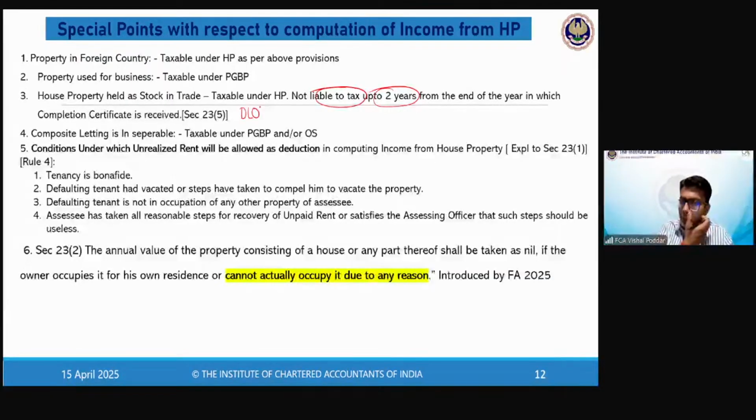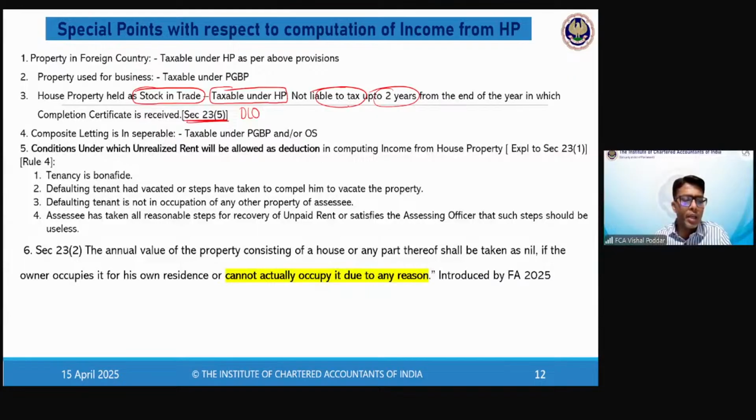So what is this case? You are a builder. Now, as a builder, you have constructed a building with many flats, shops, etc. And these unsold flats and shops are your stock in trade, obviously. Now, in this particular case, the first point that they have answered is, we will consider it under the head HP only. This is what is given in section 23(5).